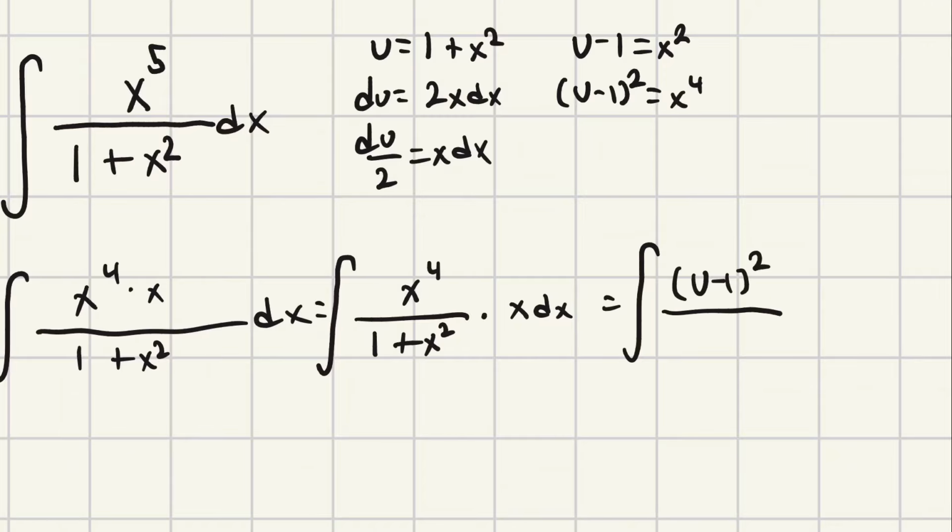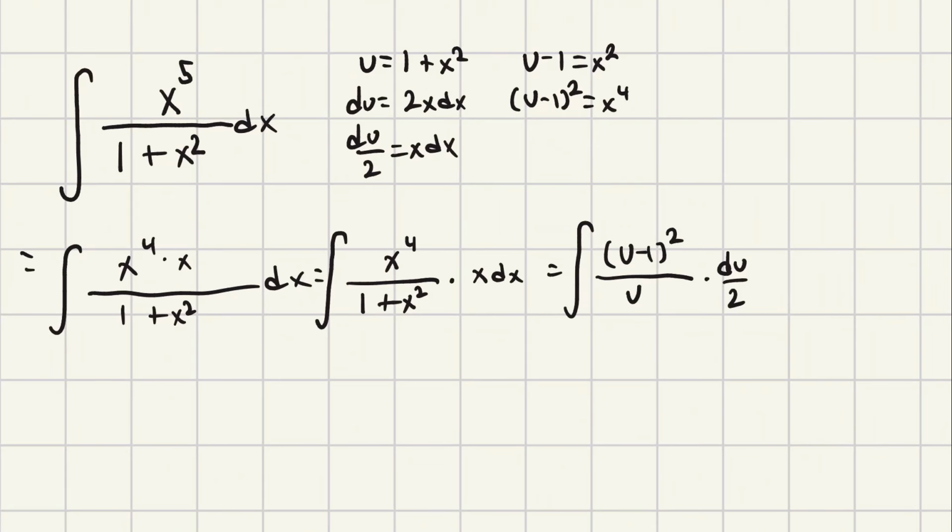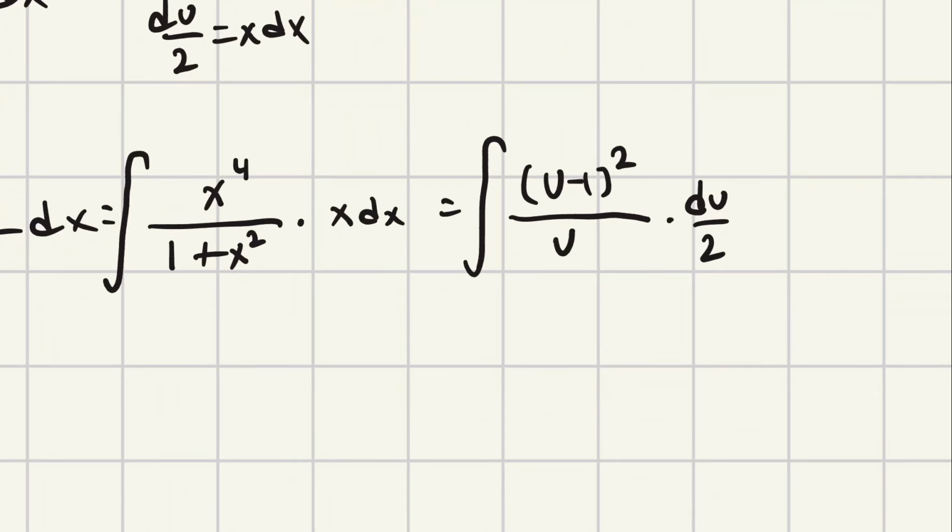We know that 1 plus x squared is going to be equal to u. x dx is going to be equal to du over 2. Look at that. We just went from everything in terms of x to everything in terms of u. Now we can take the 1/2 out, right? And now we have something that's entirely in terms of u.